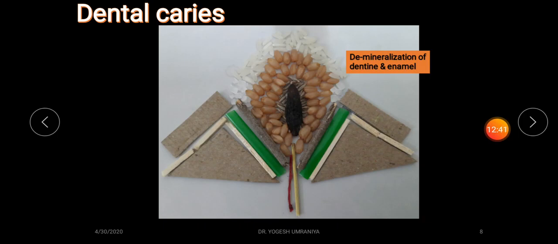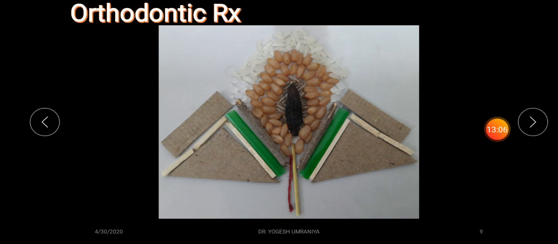So the acid produced by the bacteria from the activity on glucose produces demineralization of this dentine as well as the enamel. And as there is an absence of ameloblast, this layer is not going to be regenerated. So filling is a must whenever dental caries is present.